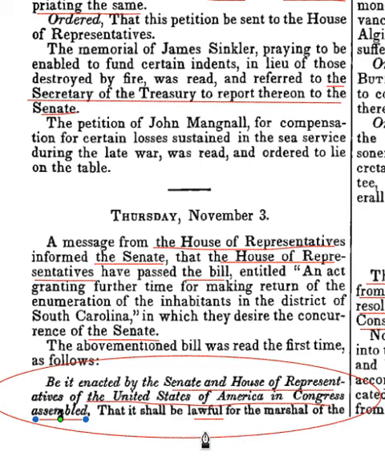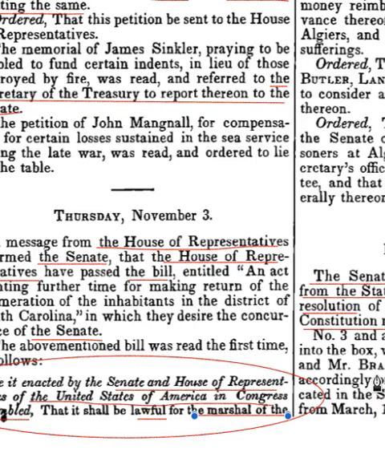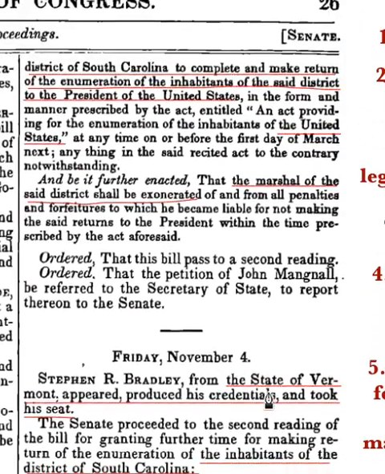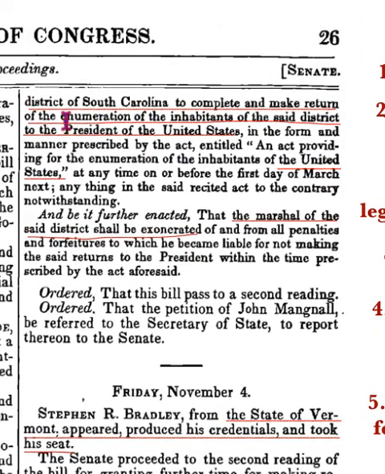That it shall be lawful, not legal, lawful for the marshal of the District of South Carolina to complete and make return of the enumeration of the inhabitants of the said district to the President of the United States.